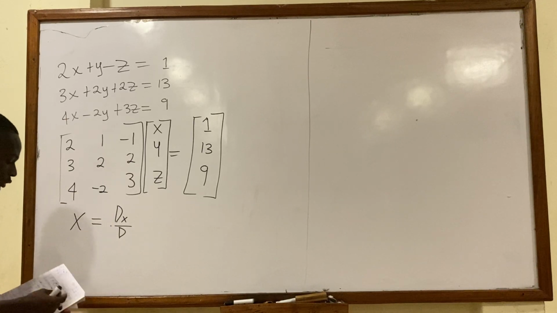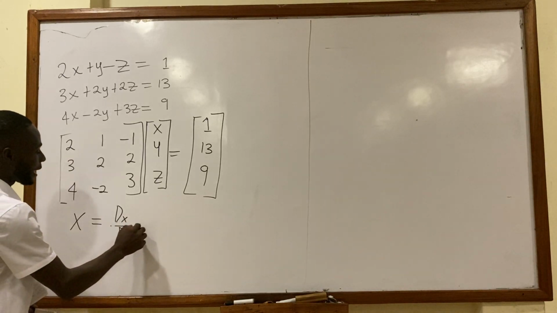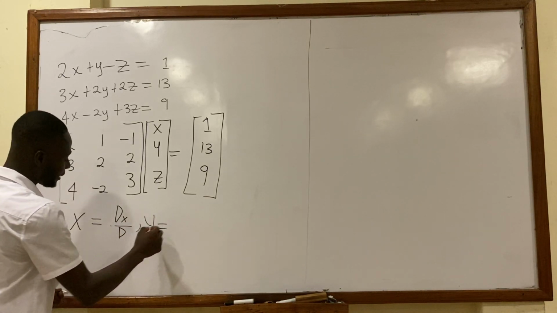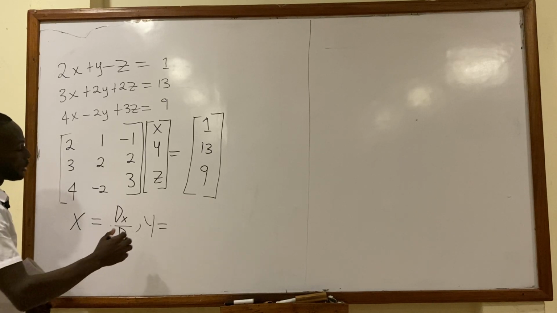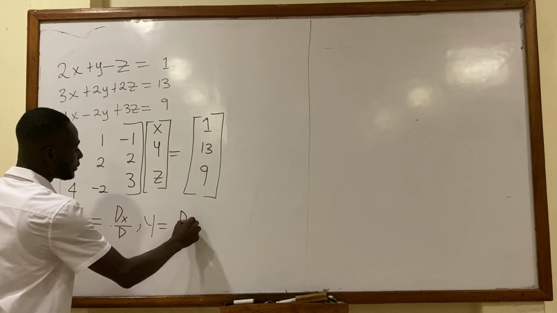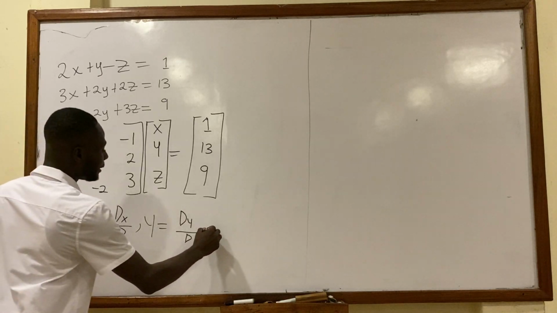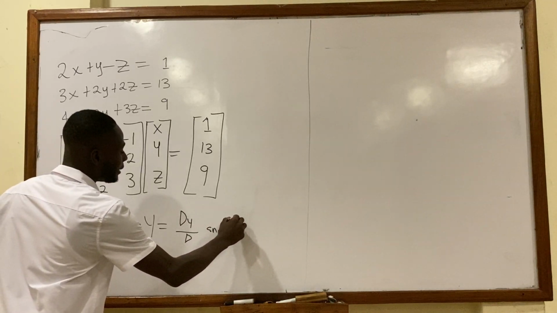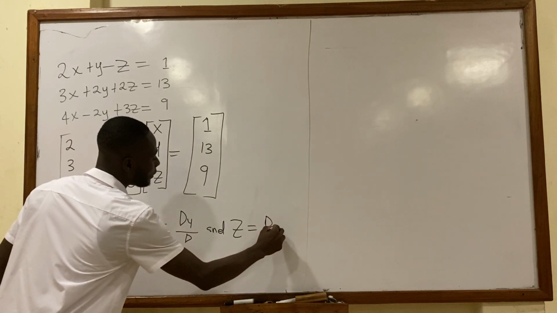All right. So now, this is how you find the y as well. The y is equal to dy over d, and then the z is equal to dz over d.